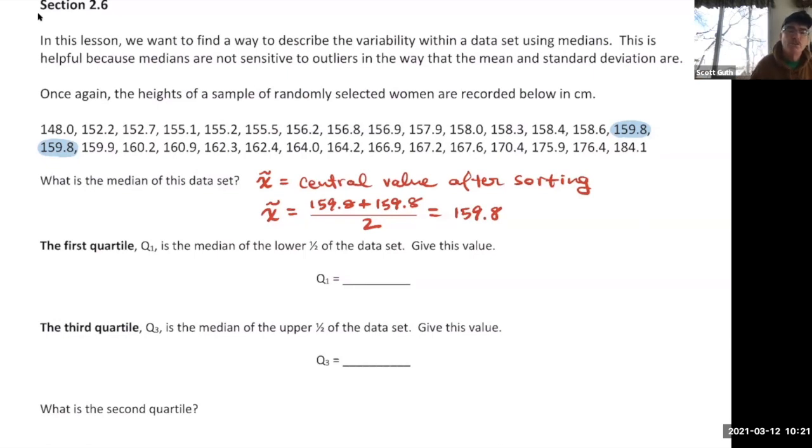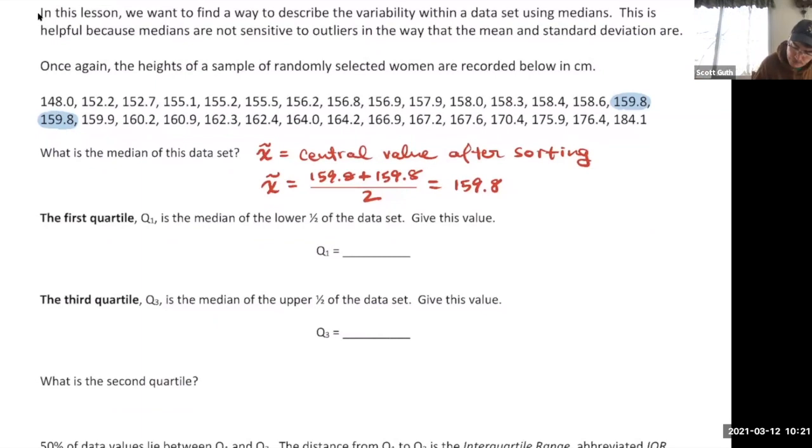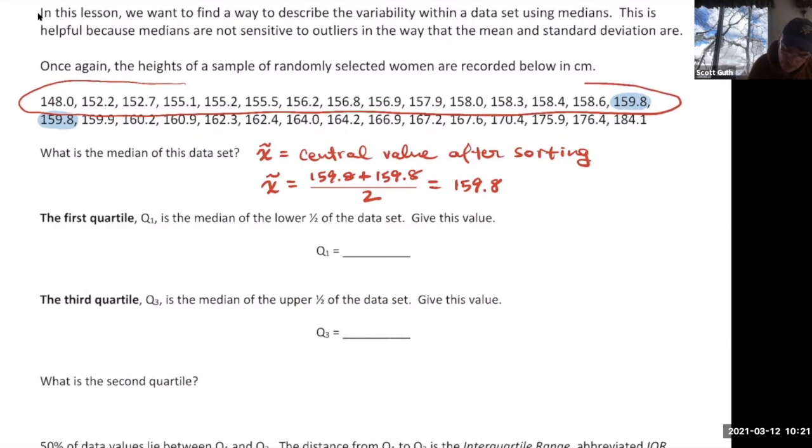Okay, so Q1 is the median of the lower half of the data set. Q1 is called the first quartile, the median of the lower half. So now I'm looking at all these numbers here, and I want to find the middle value.